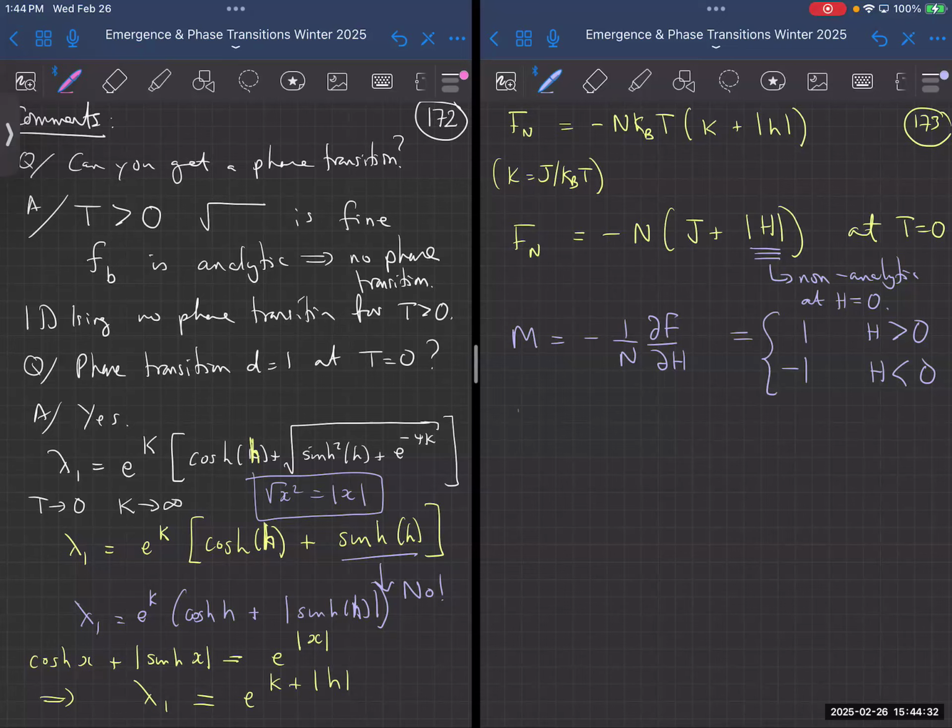And so we have a discontinuity, and thus a first order transition at h equals 0. And remember, we're still at T equals 0.